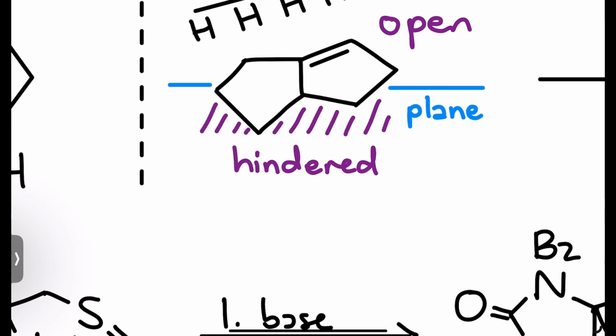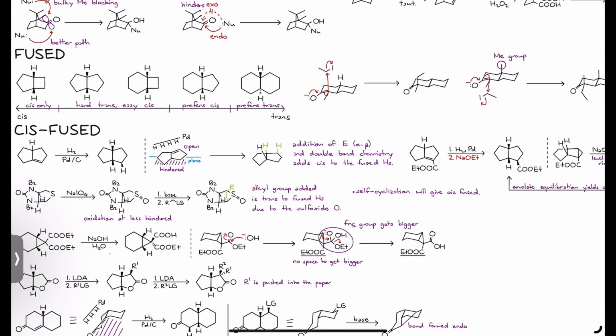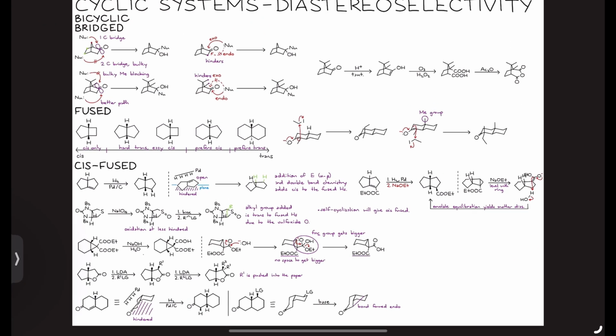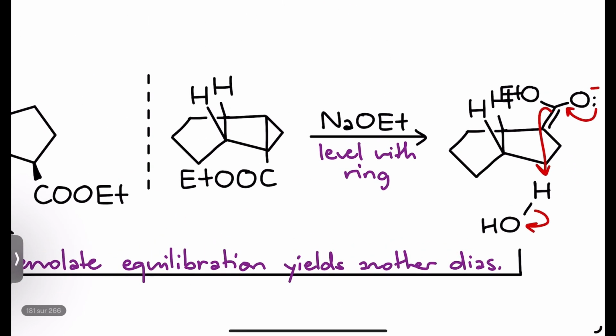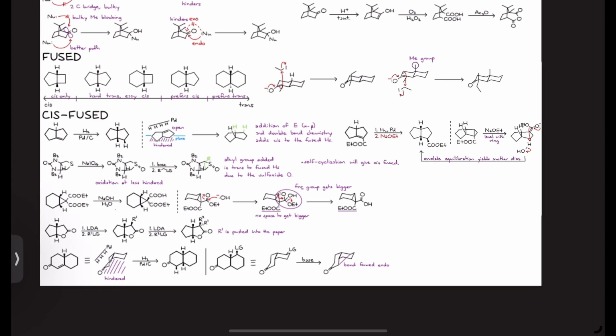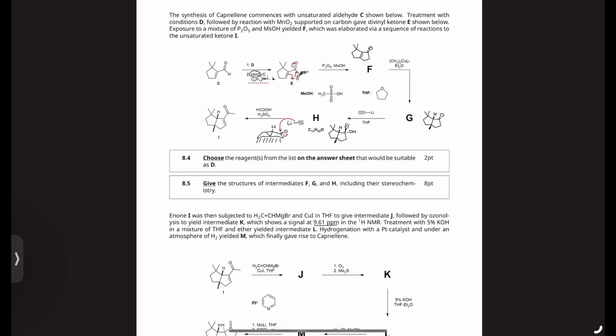As you can see right here, this face is way hindered. It's not open. Nucleophiles will have a harder time attacking from the lower face. So what's going to happen is it's going to attack on the front to give this stereoisomer.